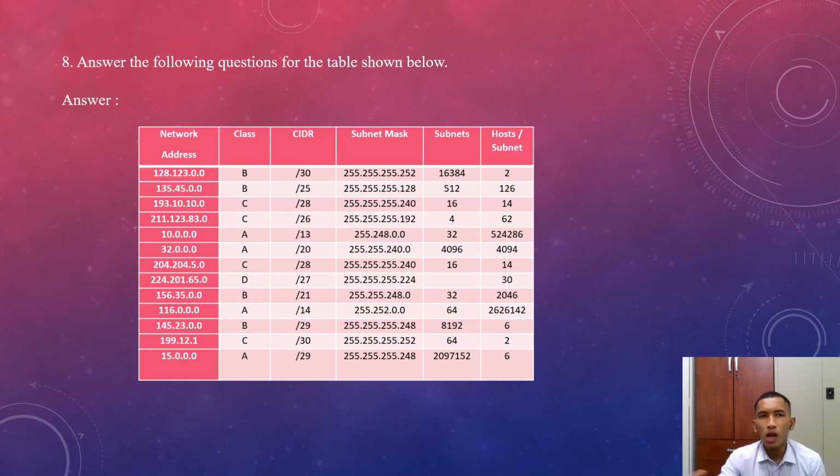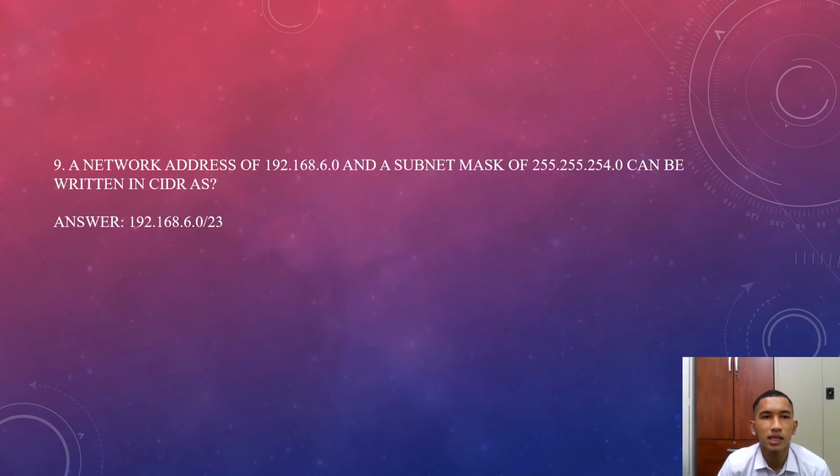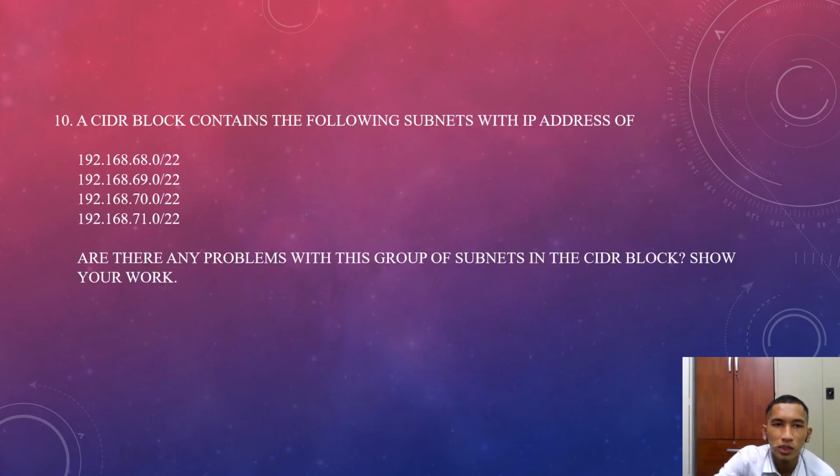Question number 9 is the network address of 192.168.6.0 and the subnet mask of 255.255.254.0 can be written in CIDR as, and the answer is 192.168.6.0/23.